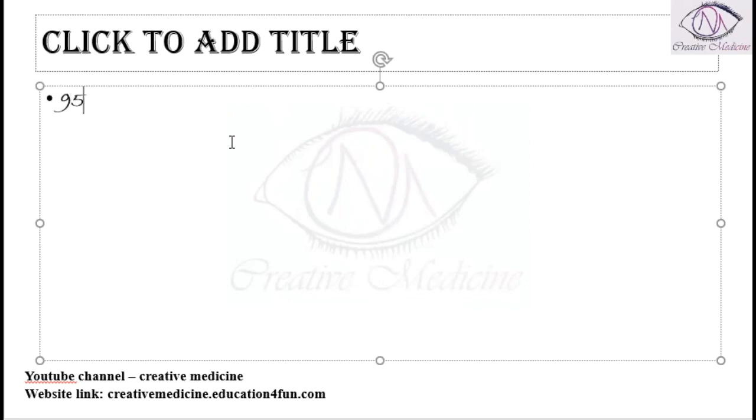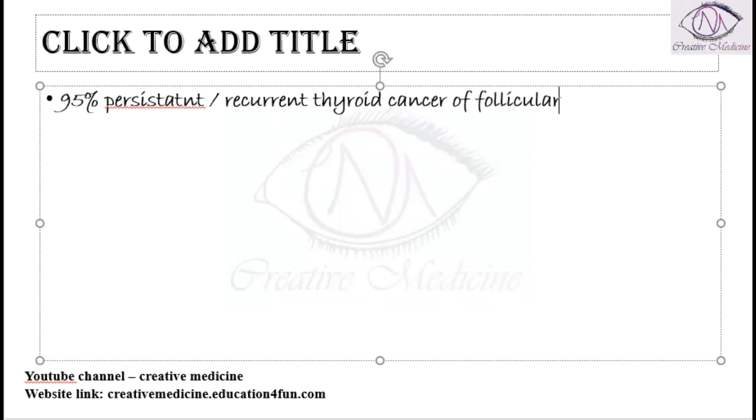In 95% of patients with persistent or recurrent thyroid cancer, especially of follicular origin, the thyroglobulin levels will be more than 2 nanogram per ml.